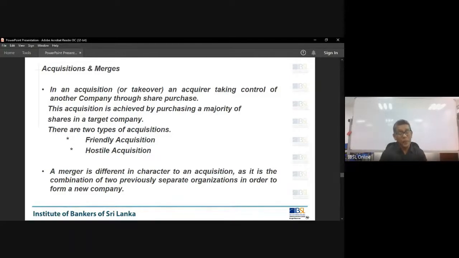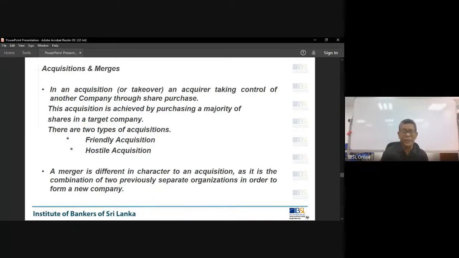Sometimes it is a hostile acquisition, with the objections of the board of directors and senior management, where one organization tries to take over another. Then the other one, of course, is a merger. A merger means you join two big, same-size organizations together.